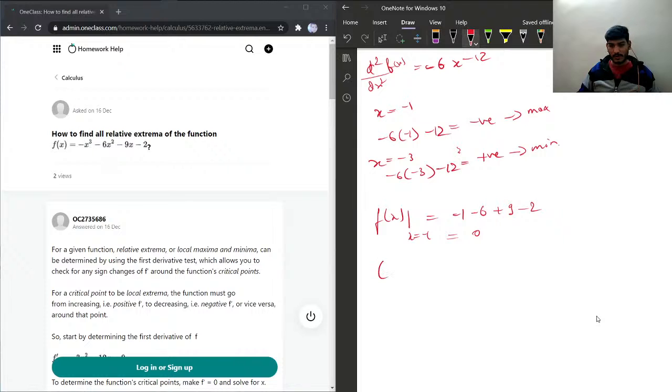So my coordinate will be negative 1 comma 0 for the maxima. For the minima, I'll take f of x at x equal to negative 3.